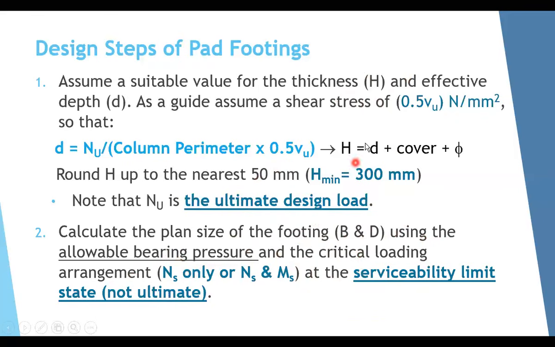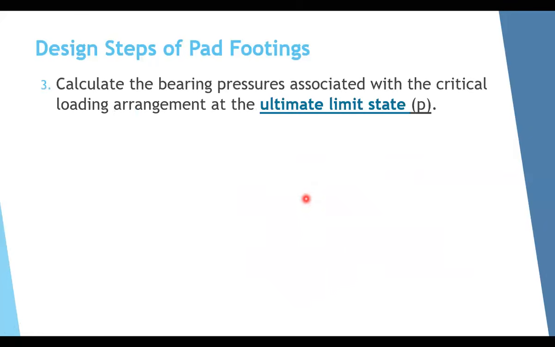Once you have calculated the H and the other dimensions of the footing, and you check that the stress under the footing is less than the allowable bearing pressure, it means it's okay. You can move to the next step: calculating the bearing pressure under the soil at the ultimate limit state.